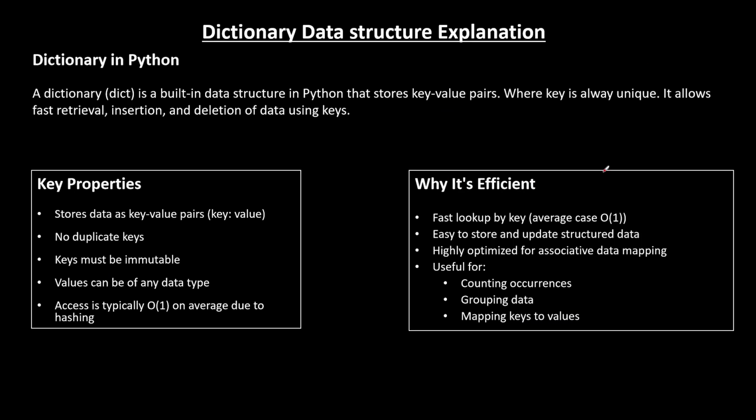Before going to the approach, let's understand what is dictionary data structure in Python. A dictionary is a built-in data structure in Python that stores key value pairs. The key is always unique and it allows fast retrievals, insertions, and deletion of data using keys. What are the properties of it?